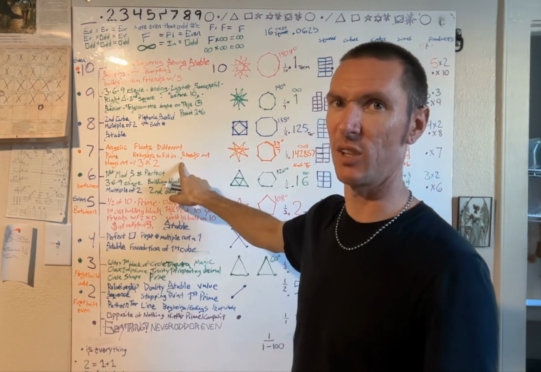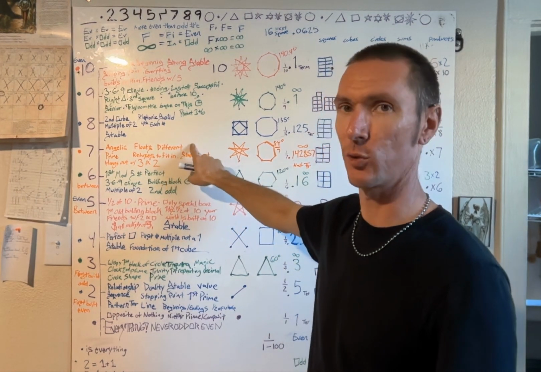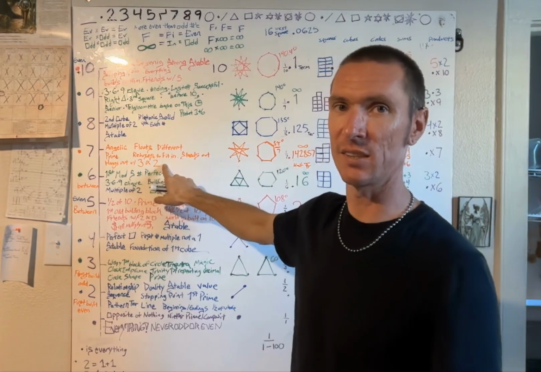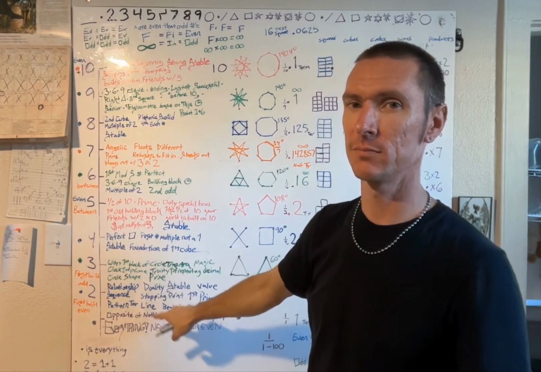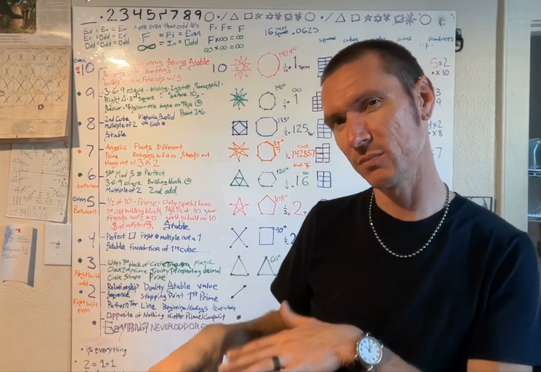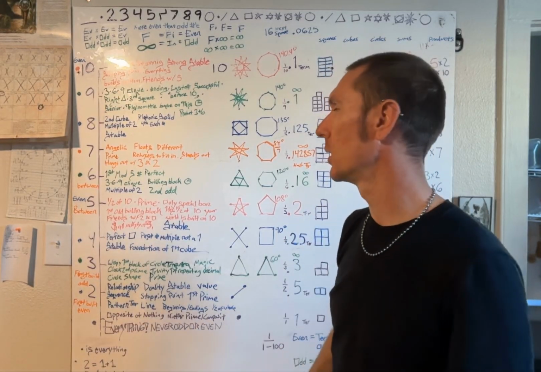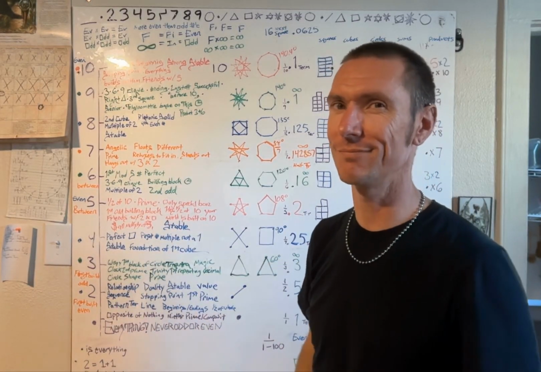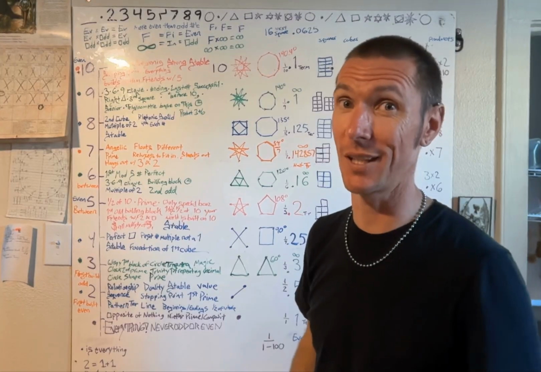He refuses to fit in. He's different. 7 hangs out with 3 and 2, the first 2 primes. He's friends with 3 and 2. He kind of hangs out with them. But those are the only people that can tolerate 7.